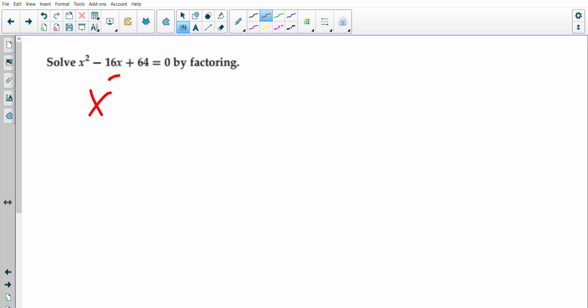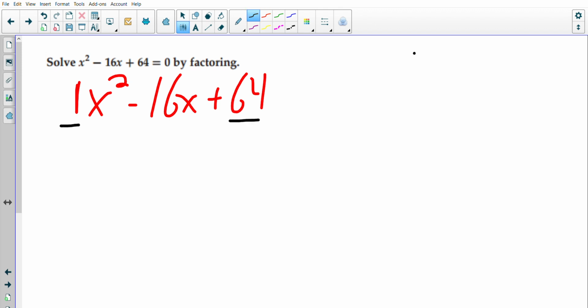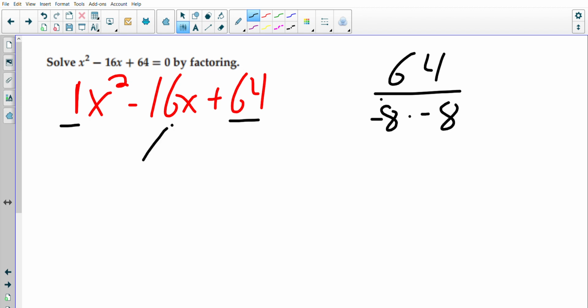If I have x squared minus 16x plus 64, there's a 1 here, so if I multiply the 1 and the 64, I just get 64. Factors of 64 that would add up to negative 16 are negative 8 times negative 8. So this could be split into x squared minus 8x minus 8x plus 64.